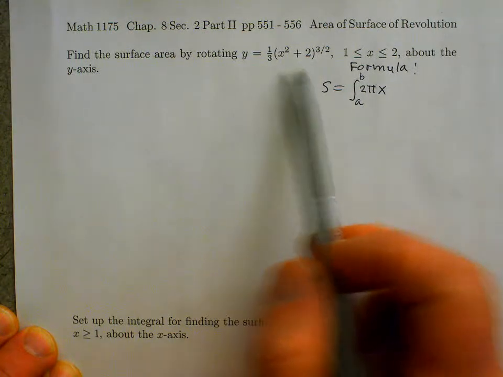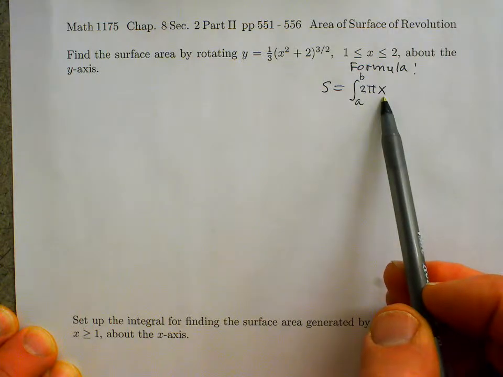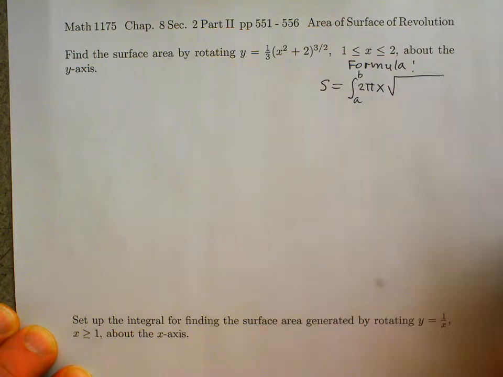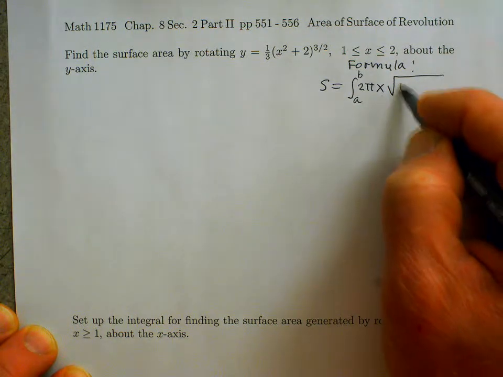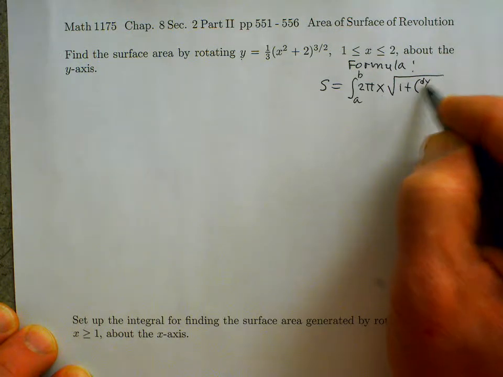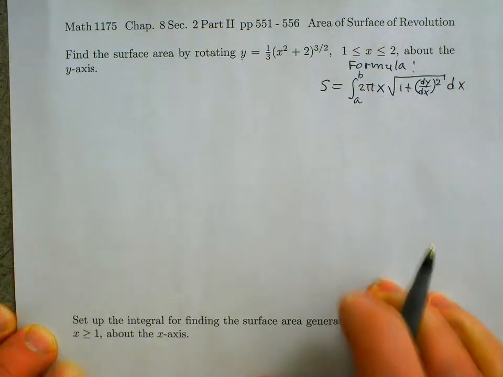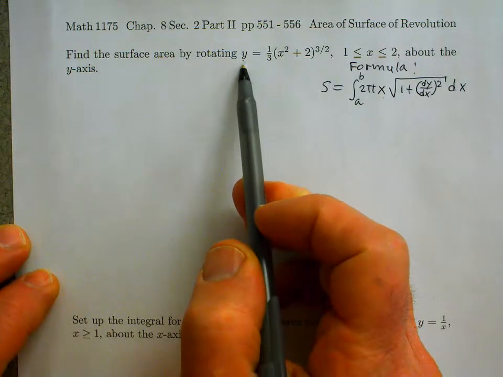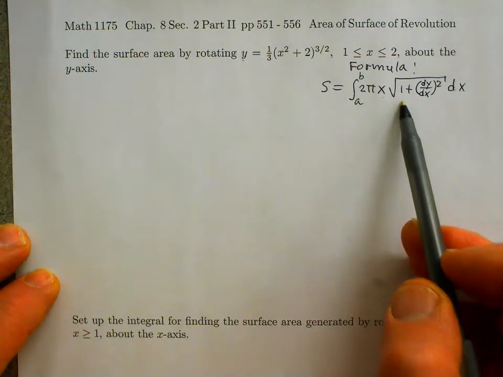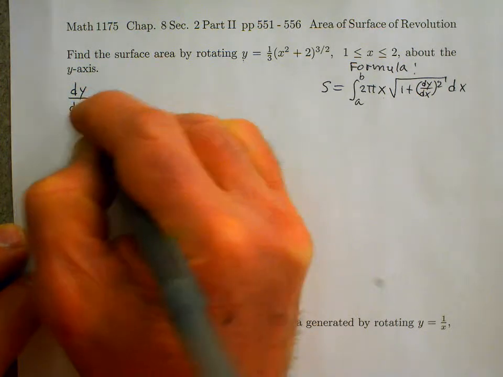I'm not calling that f of x, but this is what f of x is, and we're going to put x there instead, and then the square root of 1 plus, I can use the Leibniz notation, the derivative of y with respect to x, squared. Okay, so we have to find the derivative of this function y, then square it, add 1 to it, and put it inside the square root, and then go from there. So we'll do that preliminary work.